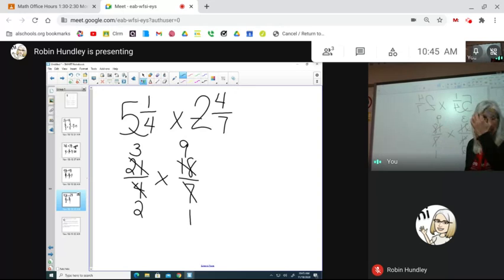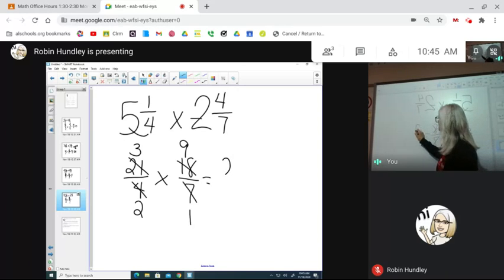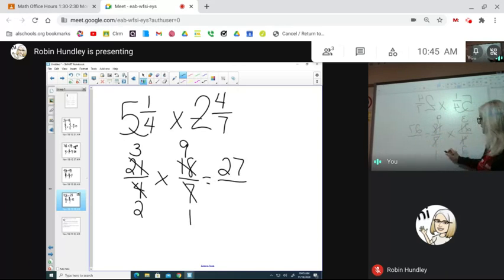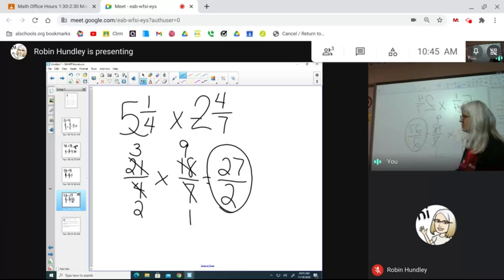This is where knowing your math facts comes in pretty handy because you can quickly see what they're both divisible by. Now I can multiply the numerators. 3 times 9 equals 27. And 2 times 1 is 2. My answer is an improper fraction, 27 over 2. The numerator 27 is larger than the denominator.